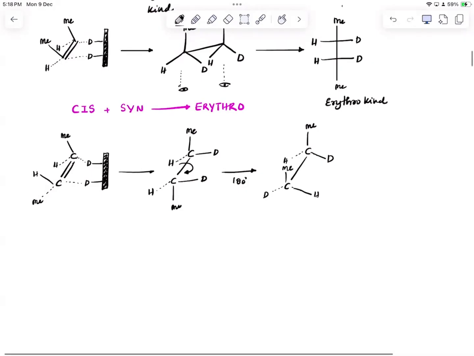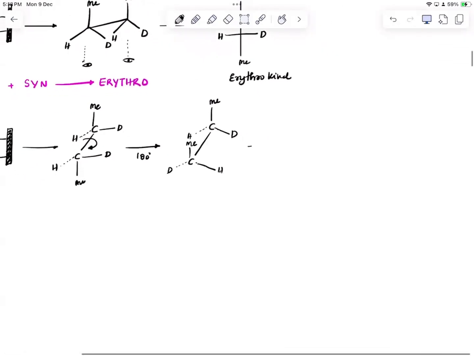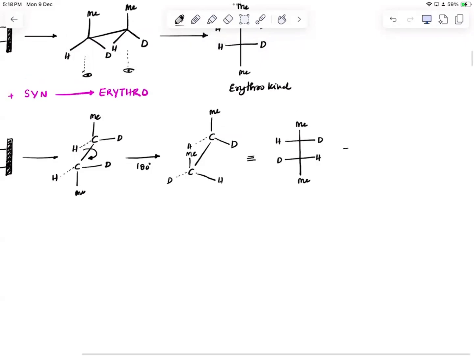This is what you will get. So now if I put this in Fischer projection, I will get methyl and methyl, with hydrogen on the opposite side, deuterium and deuterium all on the opposite side. Or I could write this plus, the chances are I could have deuterium here and deuterium here, then hydrogen here and hydrogen.